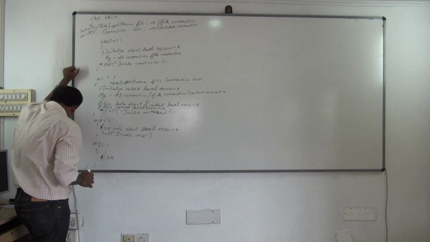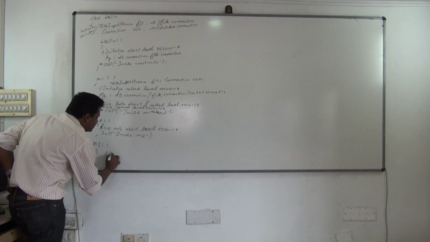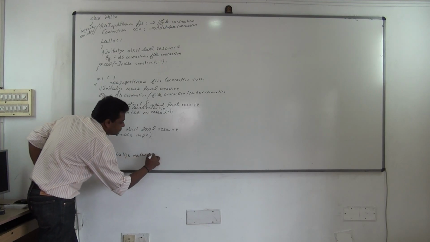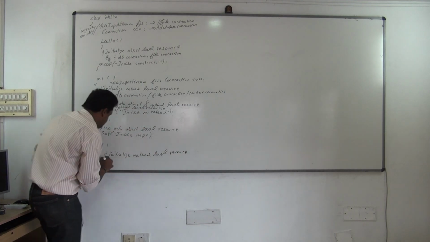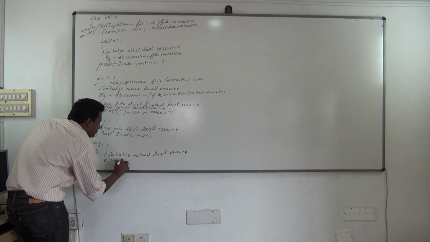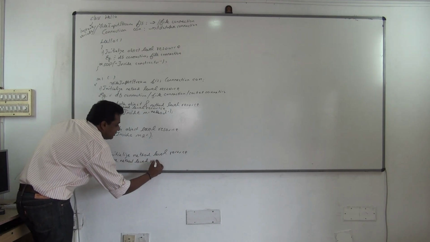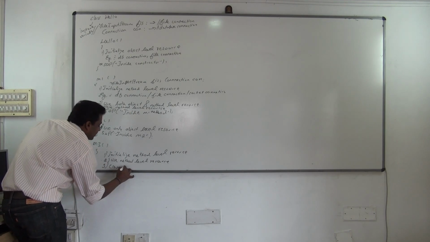So I will use here: initialize the method level resource, and I will use the method level resource, and I will close the method level resource.